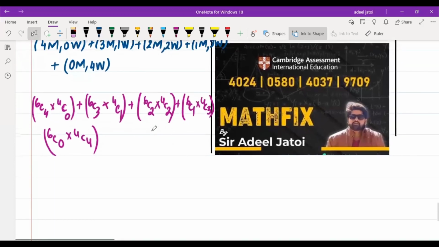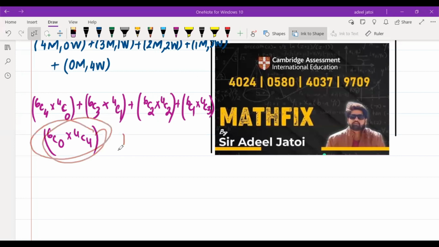Now, when we solve this, 6C4 and 4C0 when solved will be 15. 6C3 into 4C1 when solved will be 80. 6C2 4C2 when solved in calculator will be 90. This will be 24 and this should be 1.